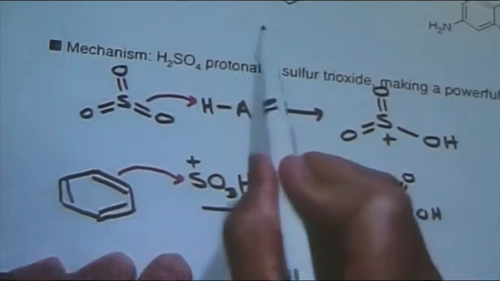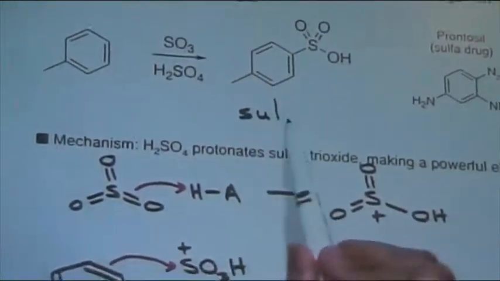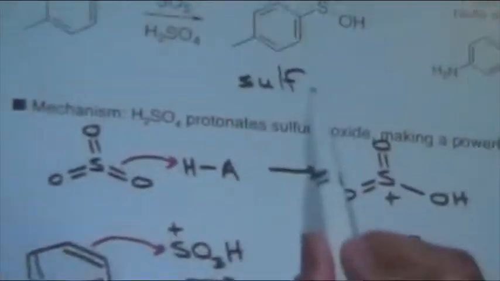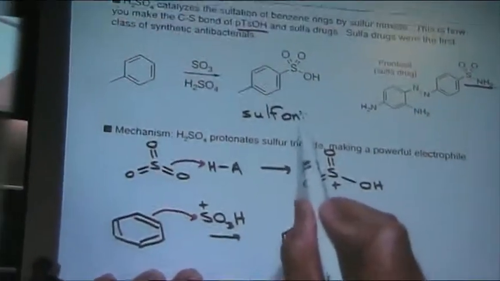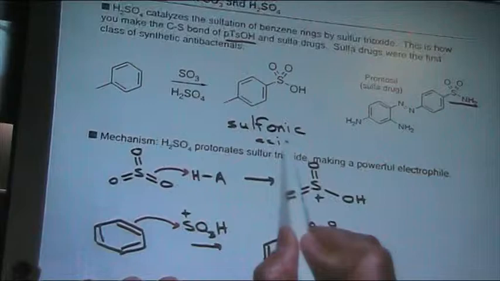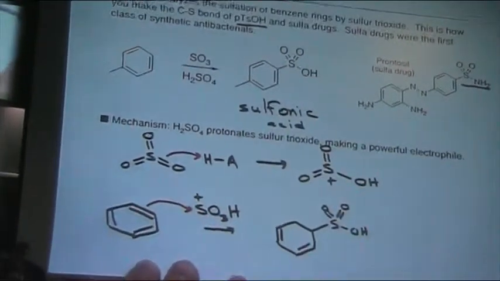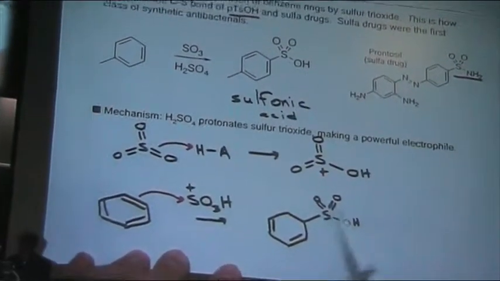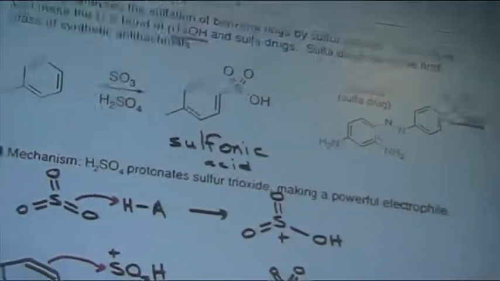And I guess I didn't mention that, but this class of compounds is called a sulfonic acid. You may not remember that TsOH stands for para-toluenesulfonic acid, but that's the name of that functional group. It's a sulfonic acid.